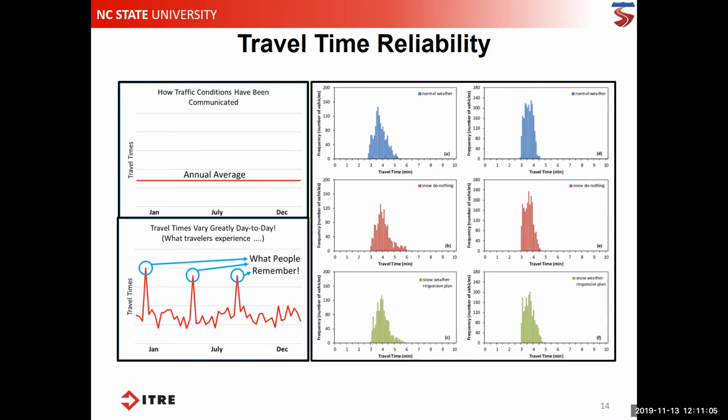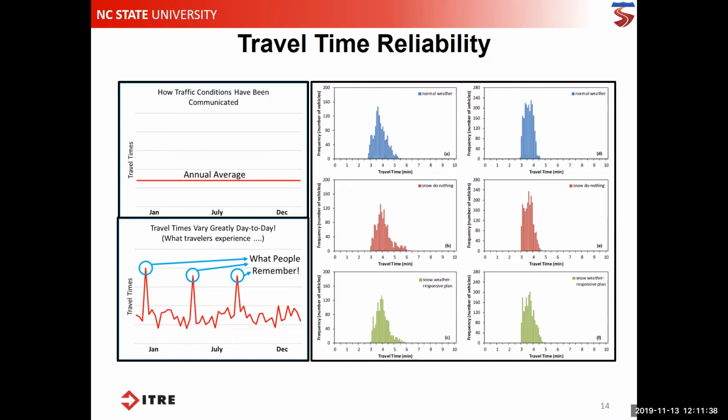They experience variability in their travel time, even within the same time of day, day of week, and typically they would remember those days when their travel time is much higher than the usual case. So in essence, what we strive to do is to reflect that variability in travel time in generating what we call a travel time distribution.